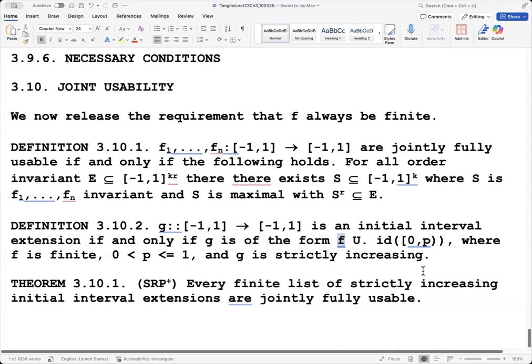Now, I don't do any reversals because I don't want to touch any other serious reversals in this book. But you can see that now we have a lot more flexibility in terms of what cardinals I can run up and down. So I am going to say something about some conjectures on this section on joint usability.